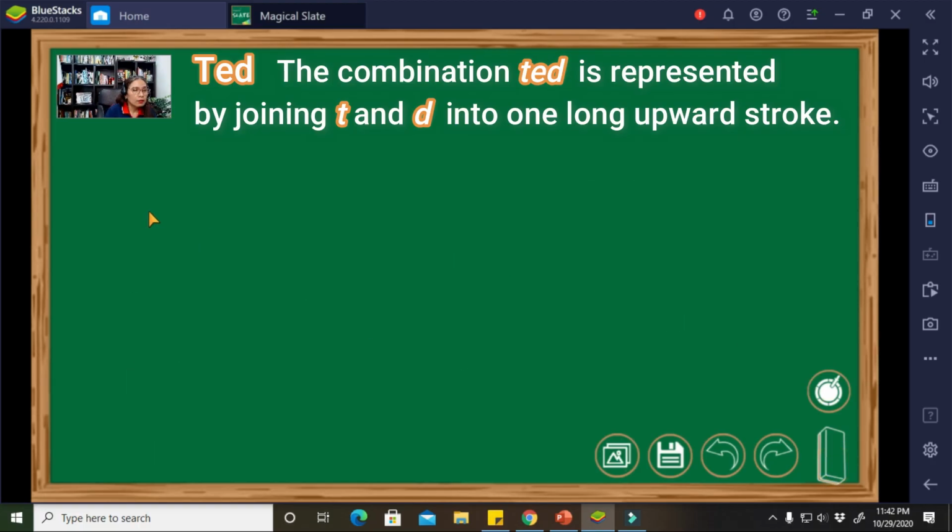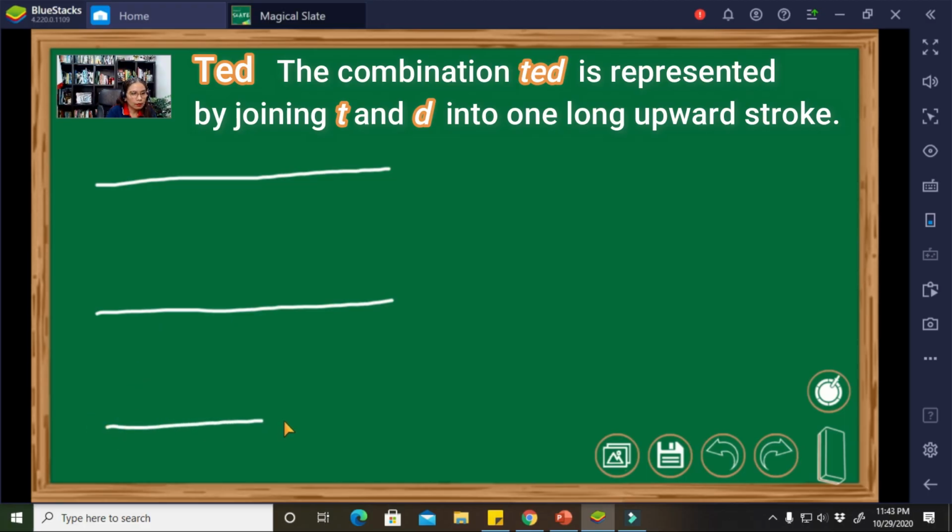I have to draw a line there. Let's have an example. This one, TED, and A. You can start trying on your paper to write what the word is.